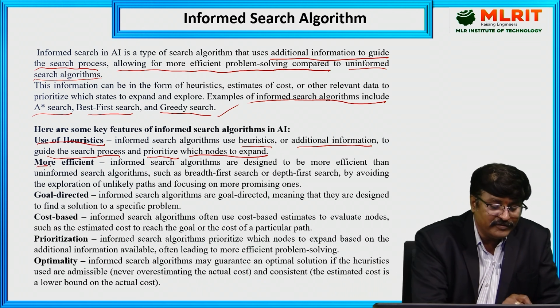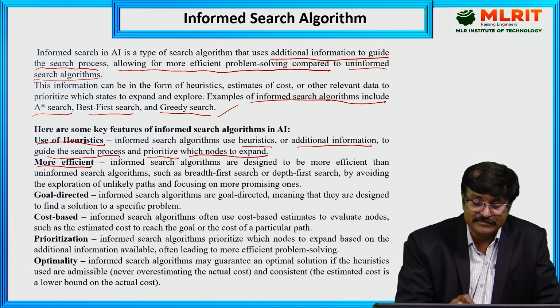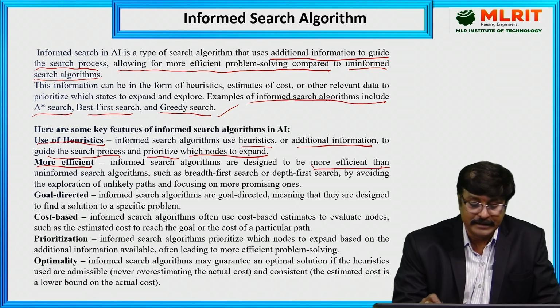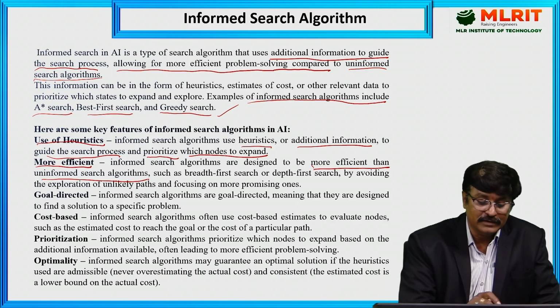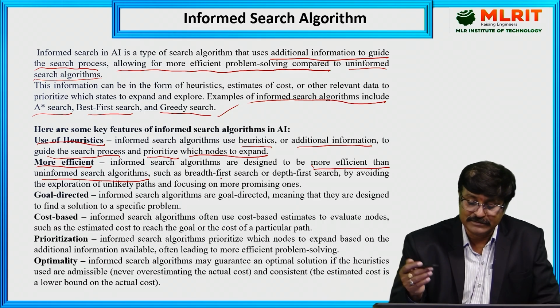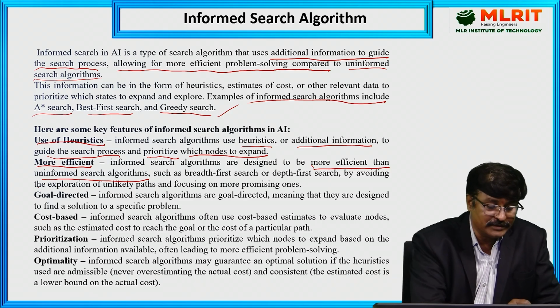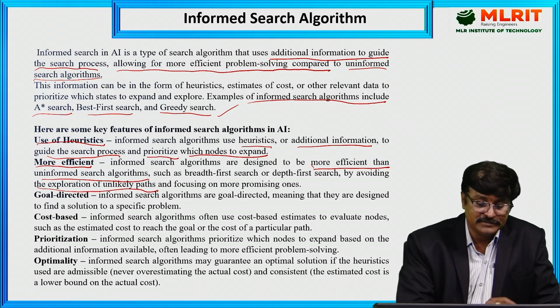It is more efficient. Informed search algorithms are designed to be more efficient than uninformed search algorithms, such as breadth first search and depth first search, by avoiding the exploration of unlikely paths.